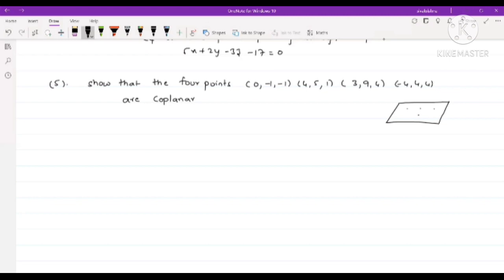After getting the plane equation, we substitute the remaining point, the fourth point, in that equation. If it satisfies the plane equation, then we say that those 4 points are coplanar. In this way, we are going to prove the problem.